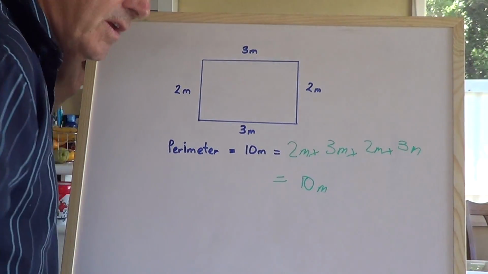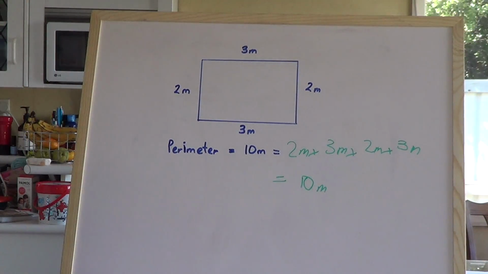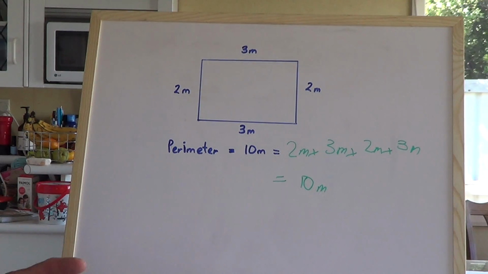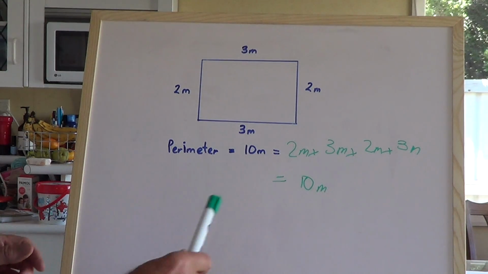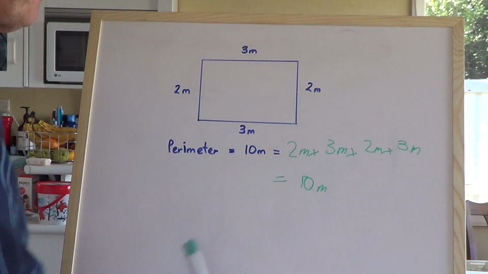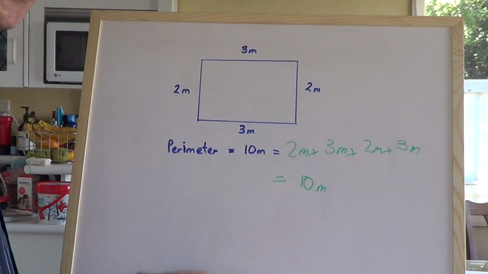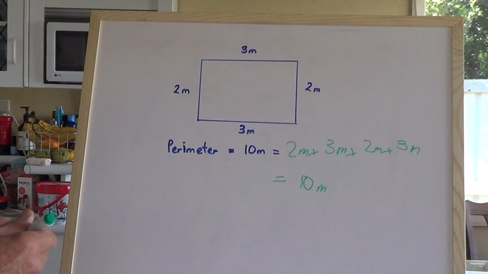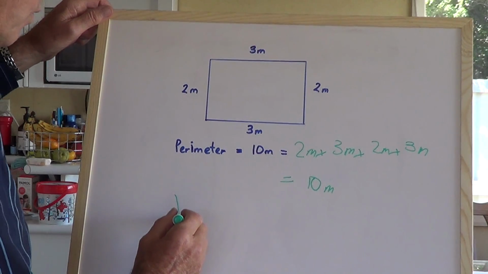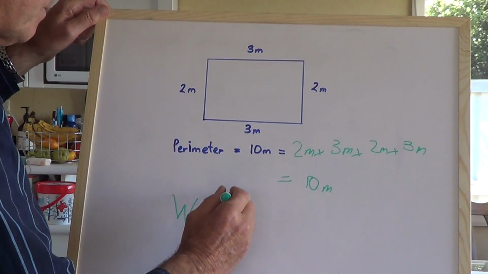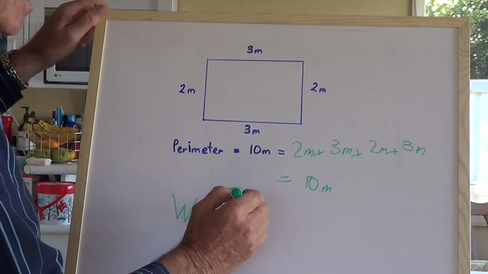And you need to point out at this stage that when you're working measurement questions out, you should have working, an answer, and units. And I call that wow. Working, answer, and units.